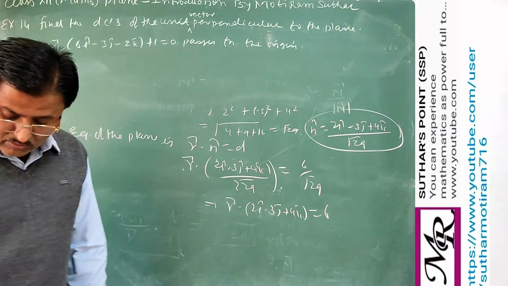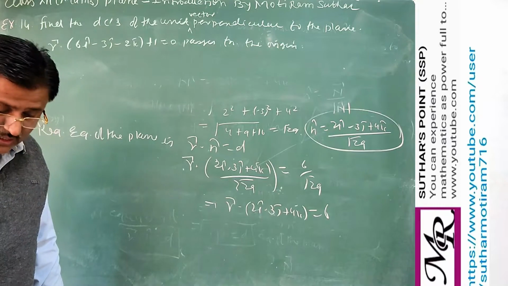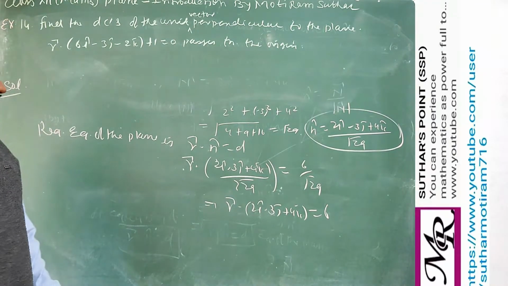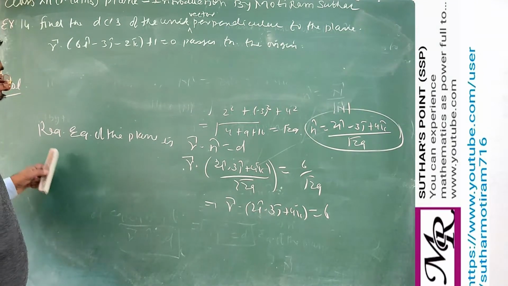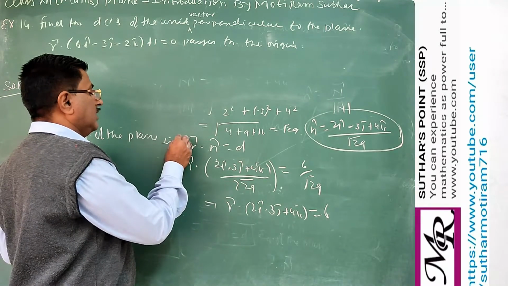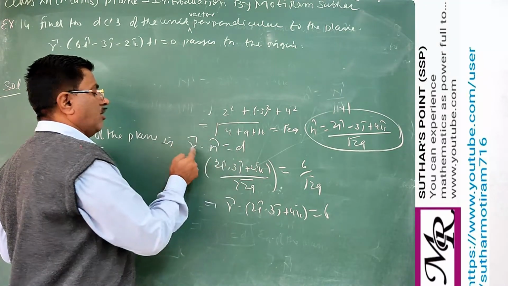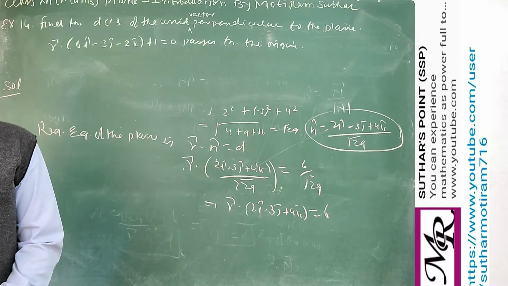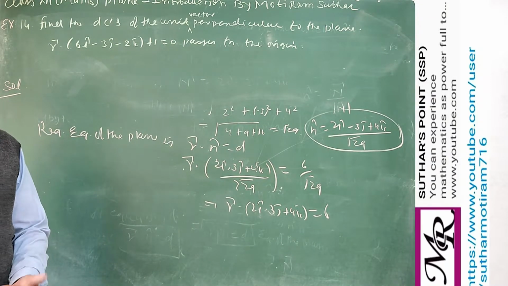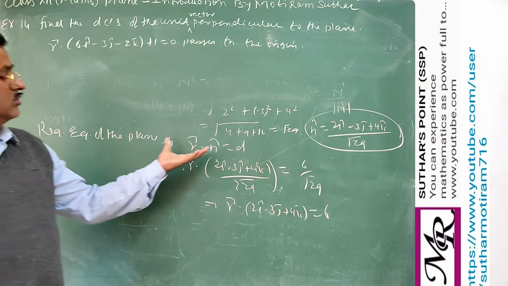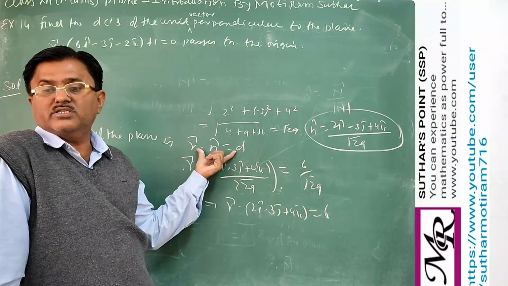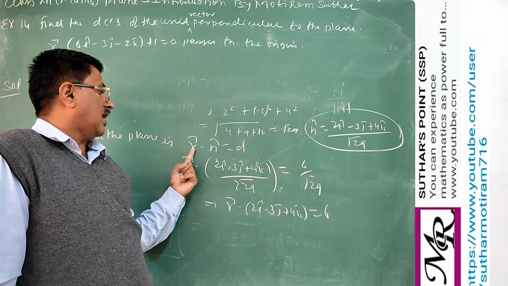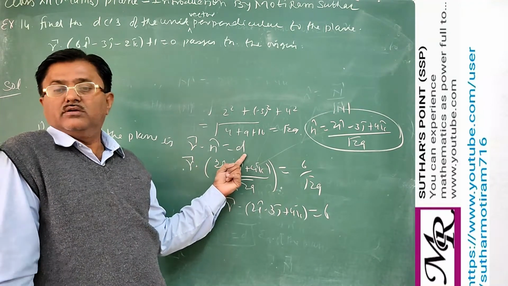So what if we want to find the direction cosine? As you know, when we write the equation of the plane in this form, this is very important. The language or whatever symbols are given in the equation are very important because they give some very important information. Like here, vector r dot n cap equals d.